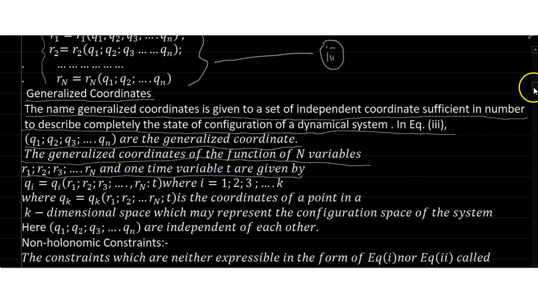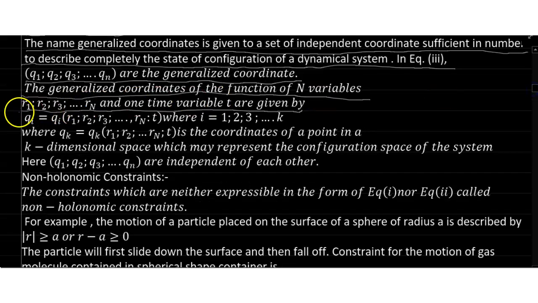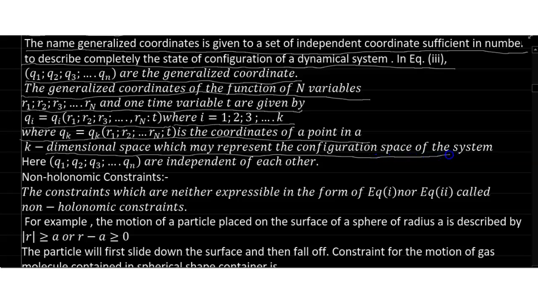They are given by qi equals a function of r1, r2, r3, ..., rn, t, where i equals 1, 2, 3, ..., k, and q equals qk is the coordinates of a point in k-dimensional space, which may represent the configuration space of the system. Here q1, q2, ..., qn are independent of each other.